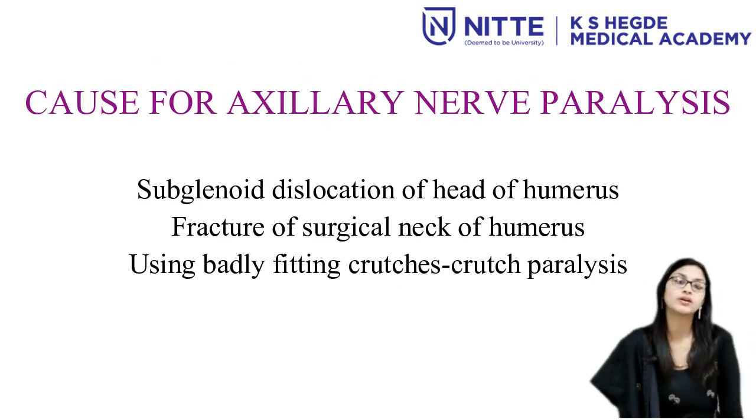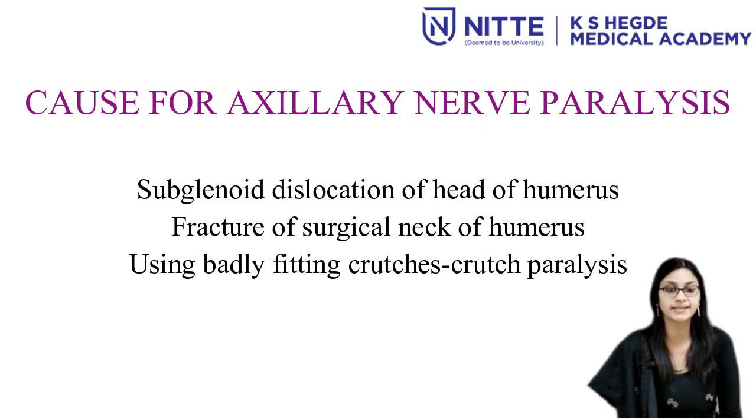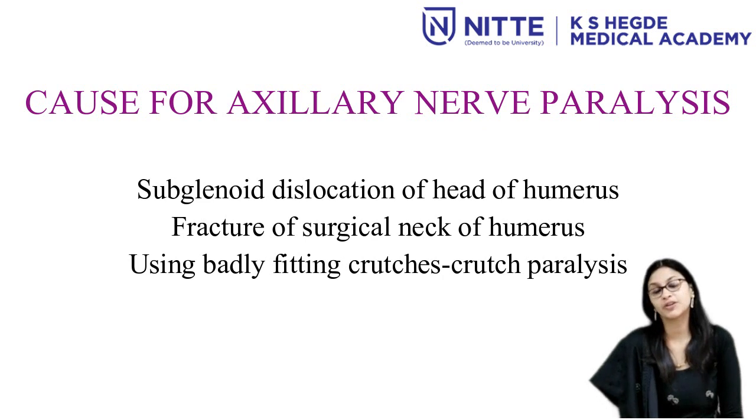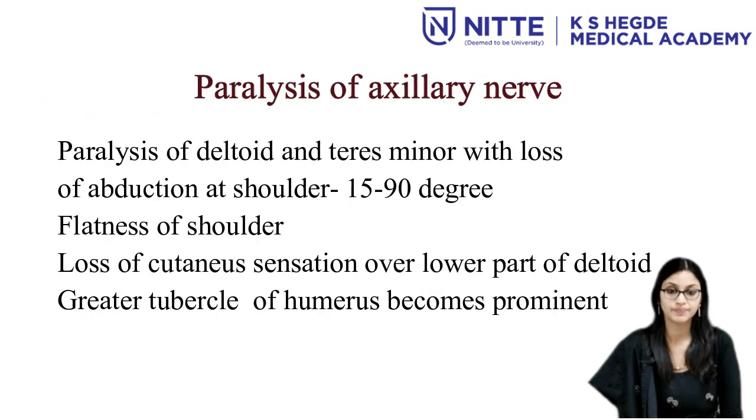Now talking about the causes for axillary nerve paralysis. It may be because of subglenoid dislocation of the head of the humerus, or fracture of the surgical neck of the humerus, or by using crutches, which we call crutch paralysis.